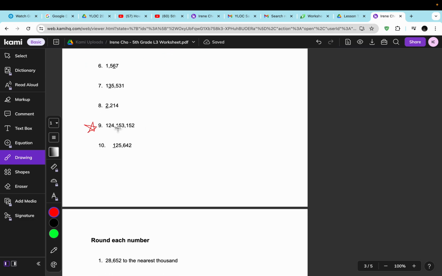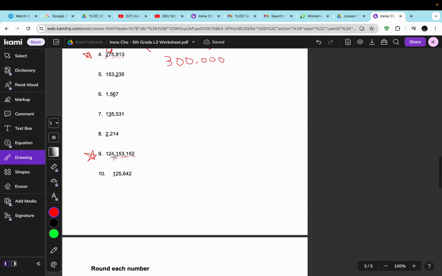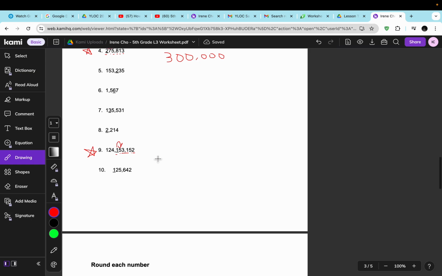So for number 9, there's ones, tens, hundreds, thousands, ten thousands, and hundred thousands. So we're looking for the 100,000 again. So we look at the number afterward, which is the 10,000, and because it's a 5, you round up.